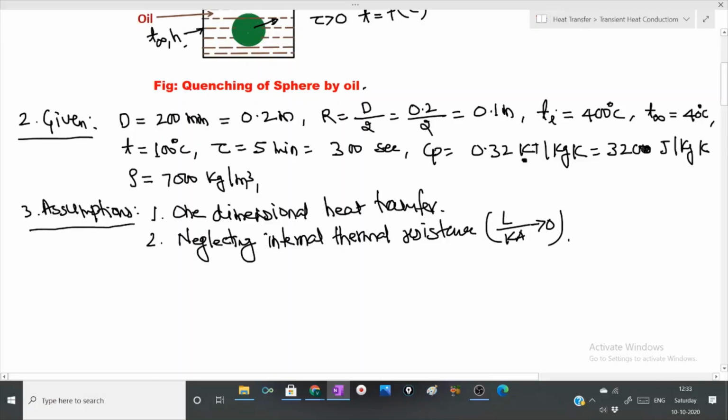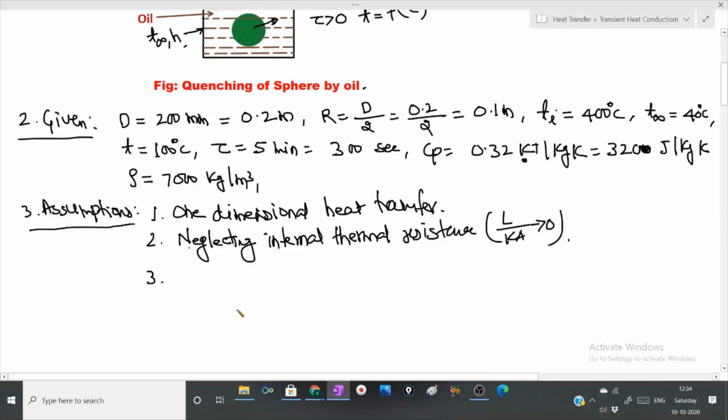Then number 3. It is the prerequisite of lumped parameter analysis. If internal thermal resistance is negligible, there won't be any temperature gradient within the body.